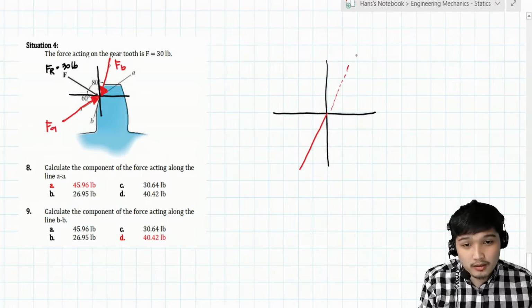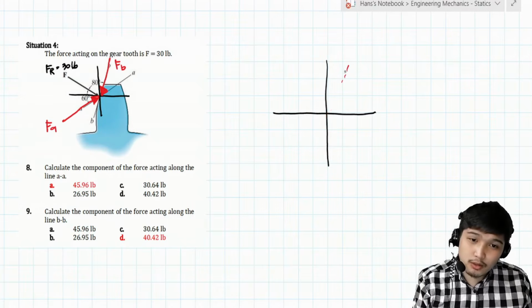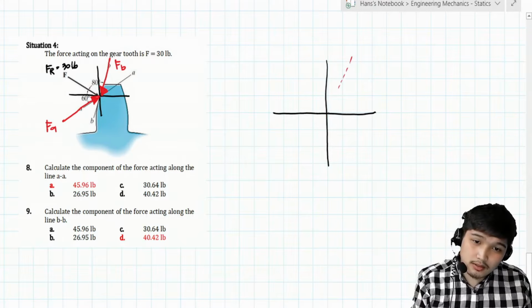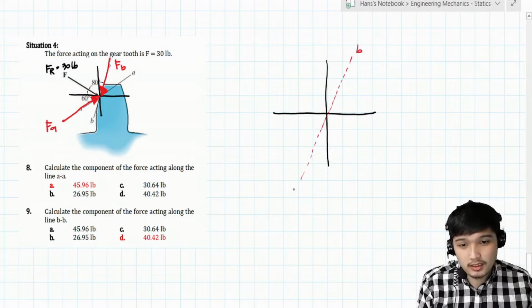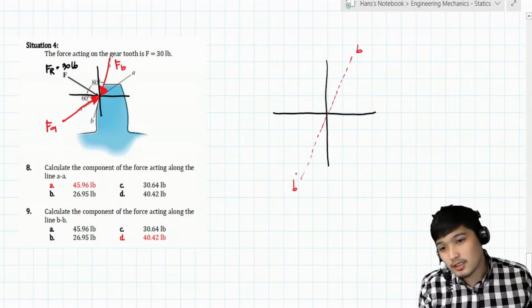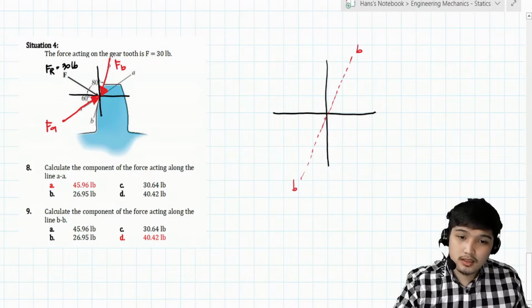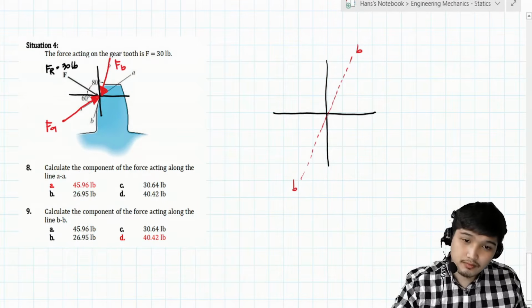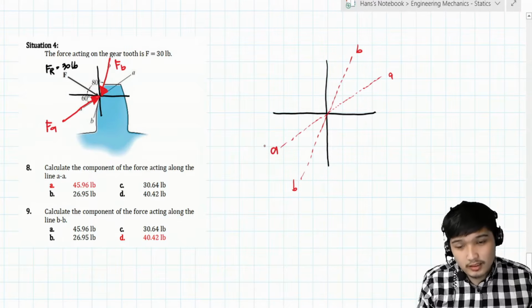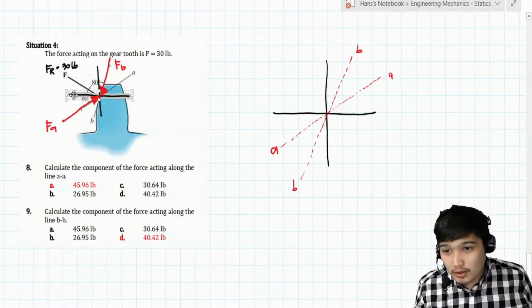Gawin muna nga natin, drawing muna natin yung axis. So, this one is yung axis nung BB. Okay, and then we have here AA. Okay, ina-extract ko muna. And then, delete ko tong block ko dito. Baka malito kayo.